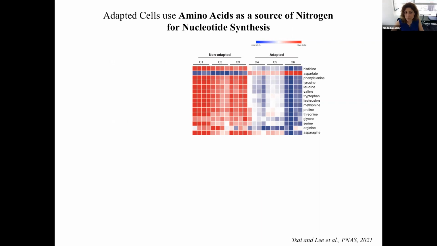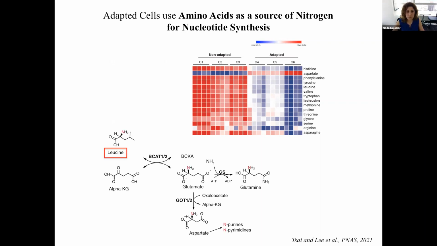So we thought that perhaps these adapted clones are using the amino acids, including the branched chain amino acids, for using the nitrogen for nucleotide synthesis. So the idea was that, for example, if we were to trace a 15N labeled leucine, so heavy isotope labeled branched chain amino acid, through the activity of BCAT, the branched chain amino acid transaminase, it would transfer the nitrogen into glutamate.